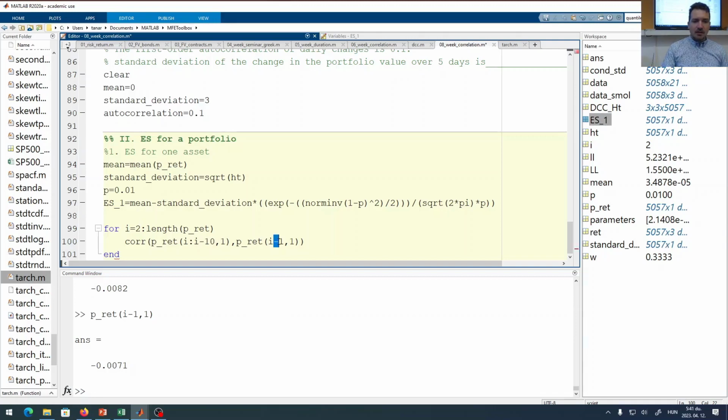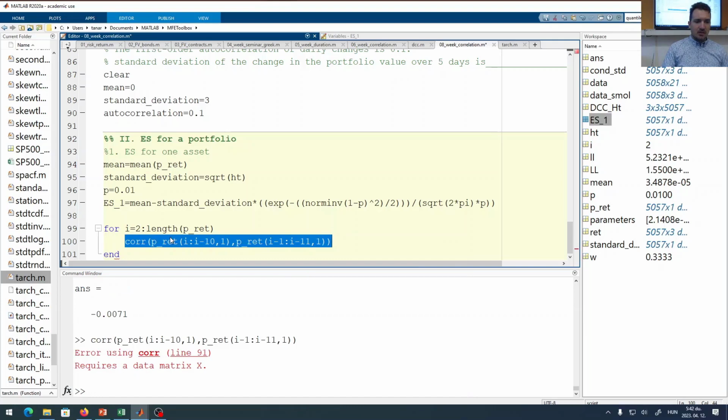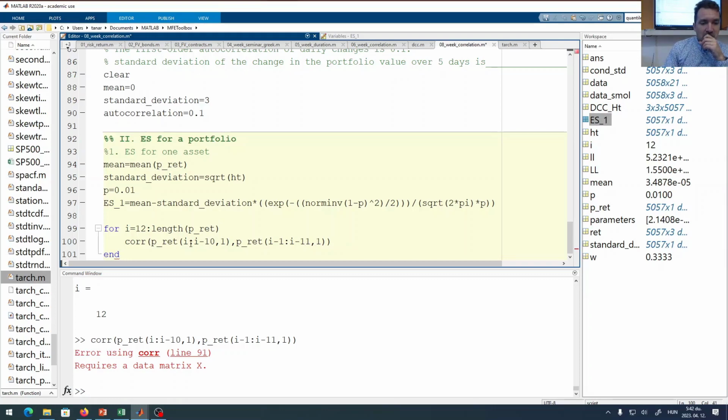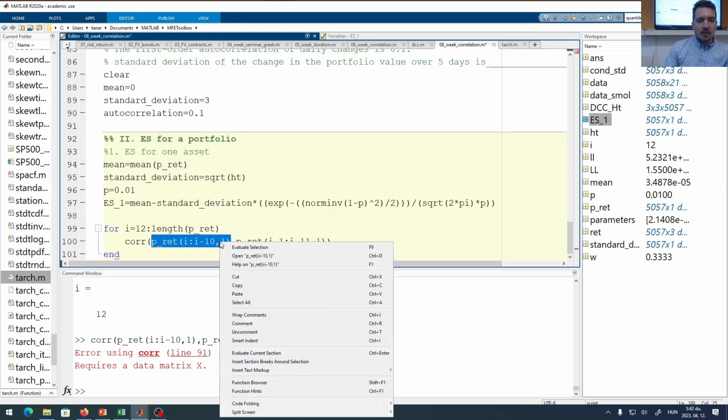i minus 10. Still disgusting, but oh yeah, now it's 10, so it should be 12. But can you work with this one?